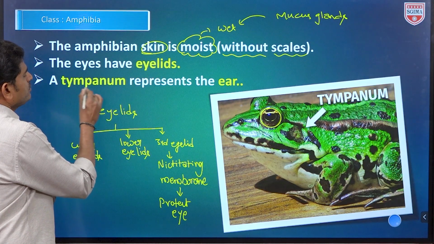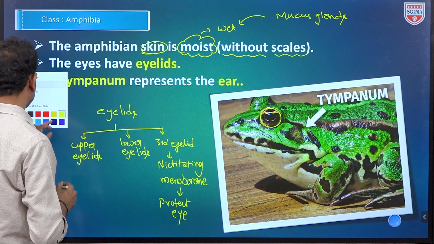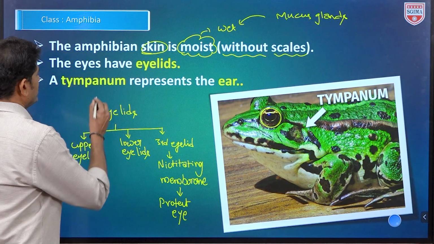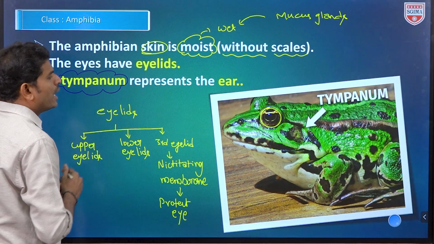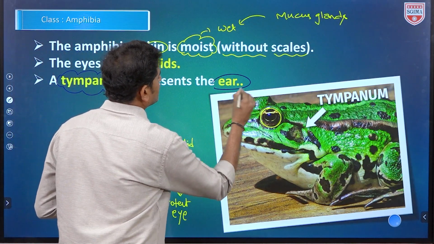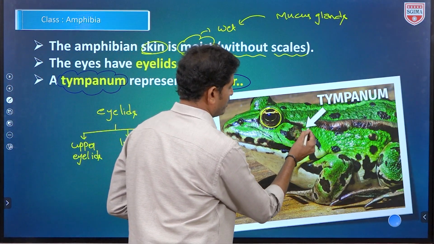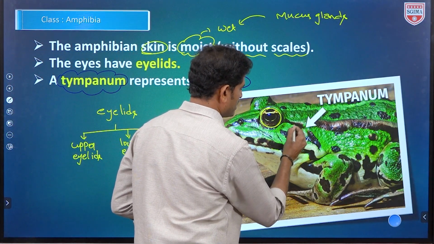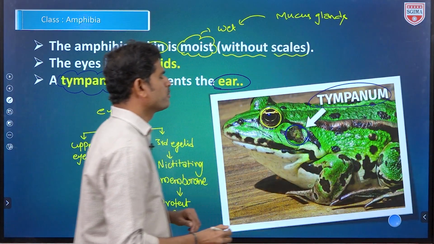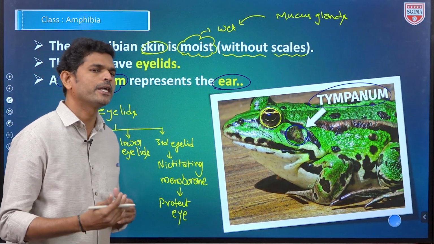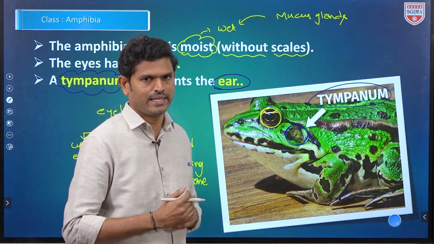Next, the third point mentioned is the tympanum. Here it is present. This tympanum represents the ear; the presence of an ear is indicated by the tympanum. Look here, it is clearly mentioned: this area is the tympanum. In our body the tympanum, the eardrum, is not visible outside, it is embedded inside.